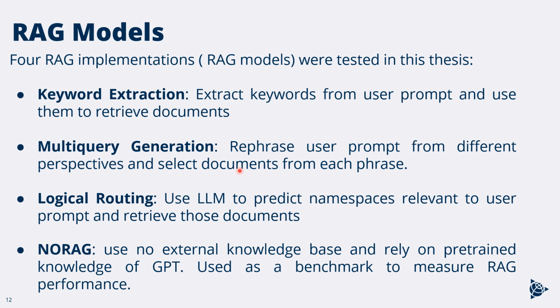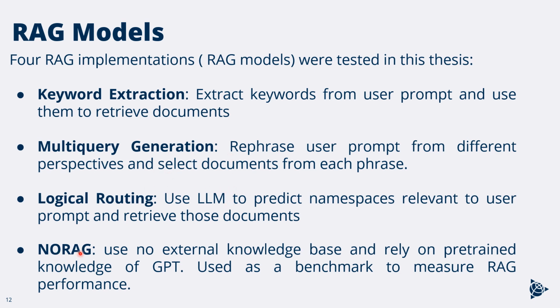for your response. Logical routing is a bit more interesting, where, for example, you use the LLM to predict namespaces relevant to the user prompt, and then once we retrieve those relevant namespaces, we retrieve the documents for those namespaces and use them for our response.